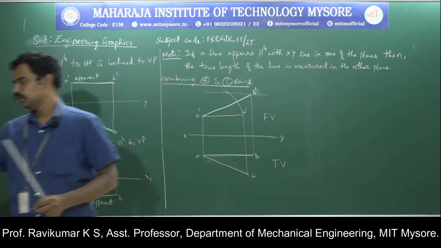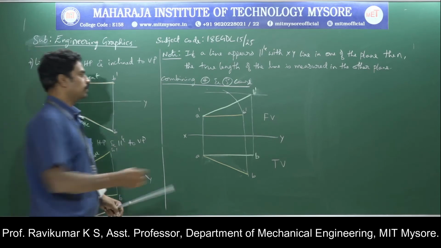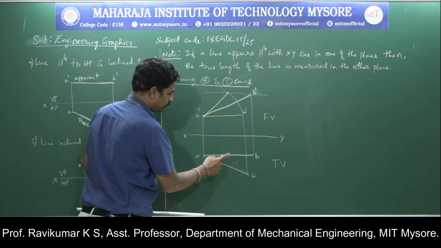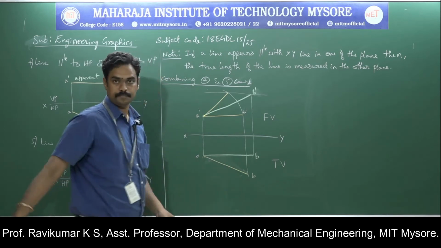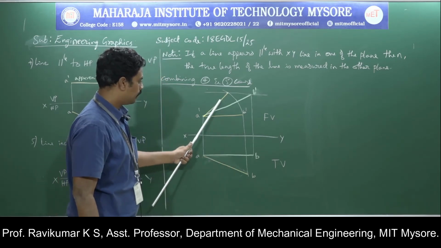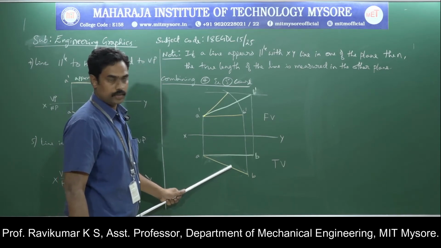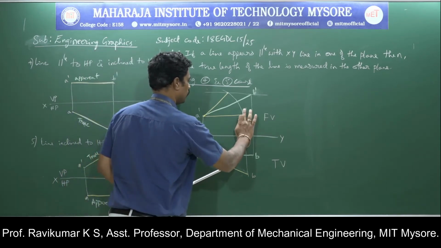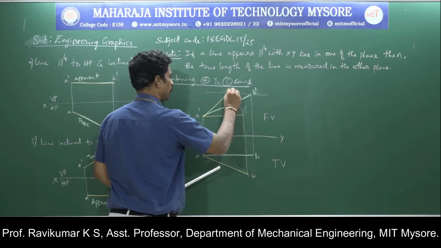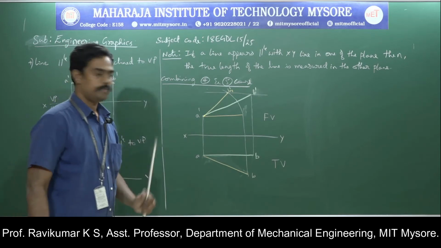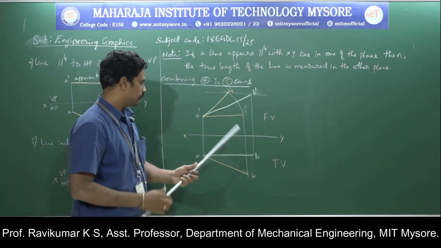That will be the true length, and this will be the apparent length of this particular line. Fine. So now I will rub off this one. I will write here B1 dash.